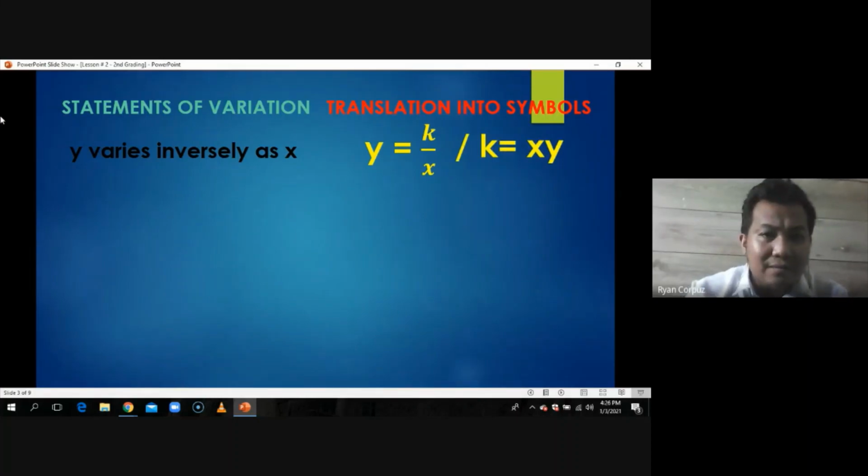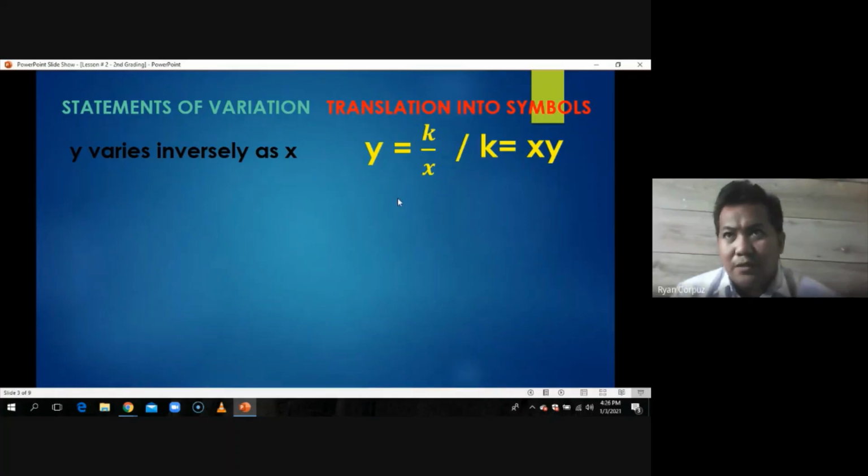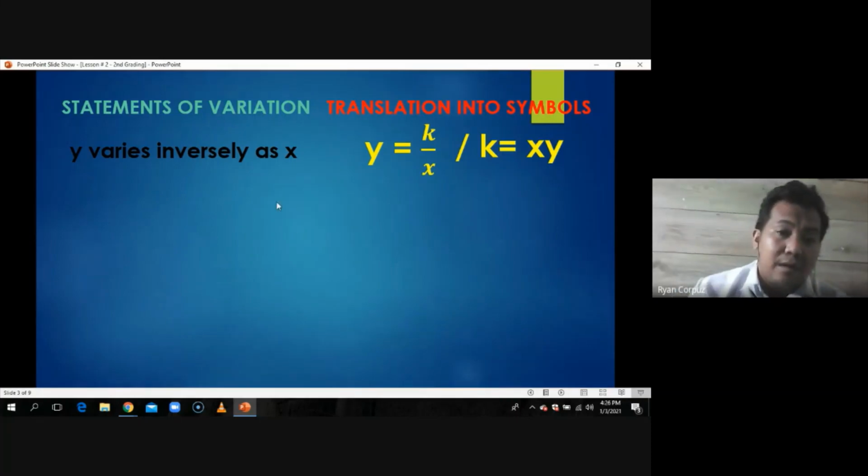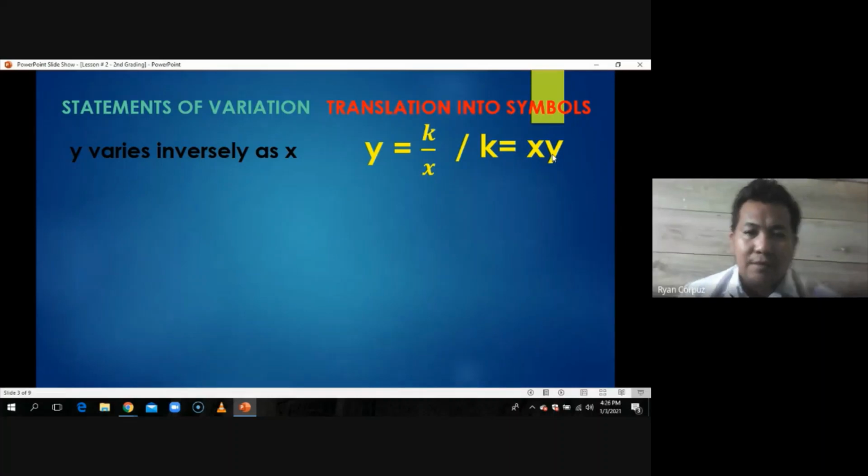So when we write the two variables, dapat pag sinulat natin siya, naka-align pa rin siya kung paano siya sa English alphabet. So ano ba yung una sa alphabet? Diba? That is x. So pag sinulat natin siya as product, una pa rin dapat yung x, kasi pares lang din naman yun.